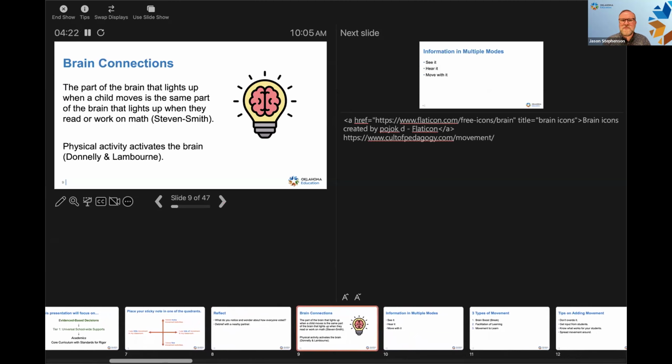So maybe something to know is that the part of the brain that lights up when a child moves is the same part of the brain that lights up when they read or work on math. So they're connected, and also having a little bit of physical activity does help activate the brain.